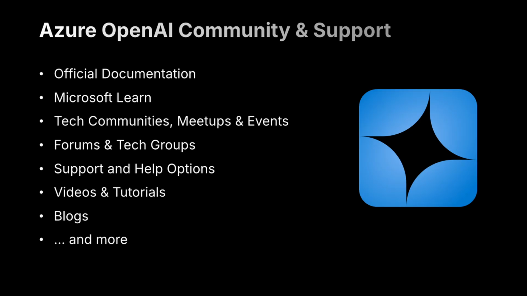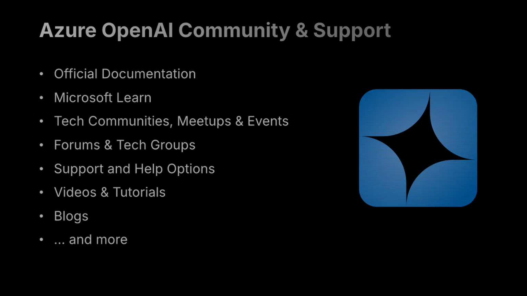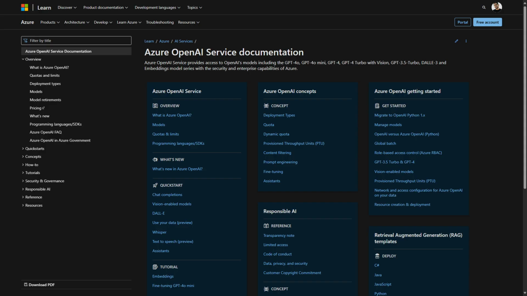With comprehensive documentation, active developer forums, and direct support from Microsoft, we can always find the help we need to ensure success in our projects. Azure OpenAI Services offers even more features, and this is just the starting point to get us familiar with the basics. Let's keep them for future videos.